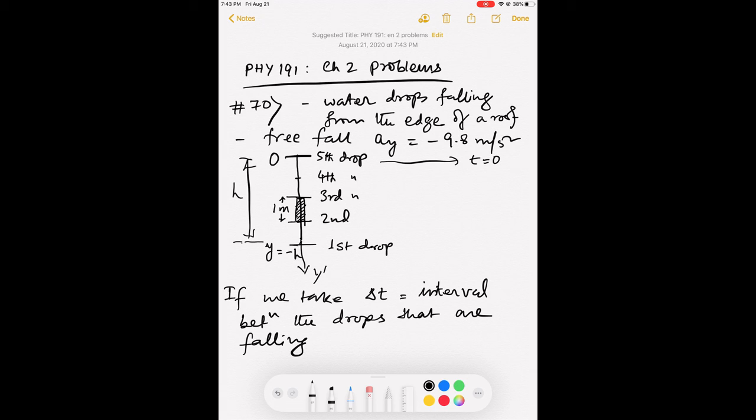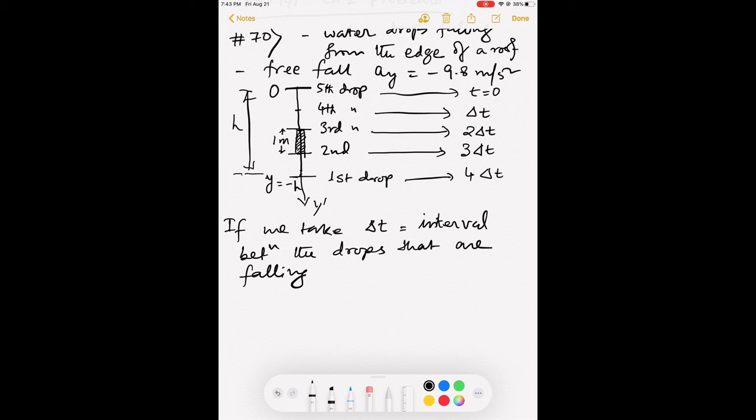The fifth drop has not started falling at all. The fourth drop has been falling for a time of delta t. The third drop has been falling for 2 delta t, because they're all equally spaced, and the earlier they have dropped, the more distance they have covered from the origin. So this is 3 delta t for the second drop, and finally the first drop has been traveling for 4 delta t.